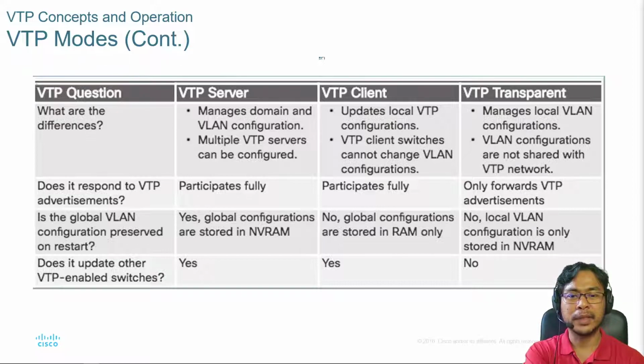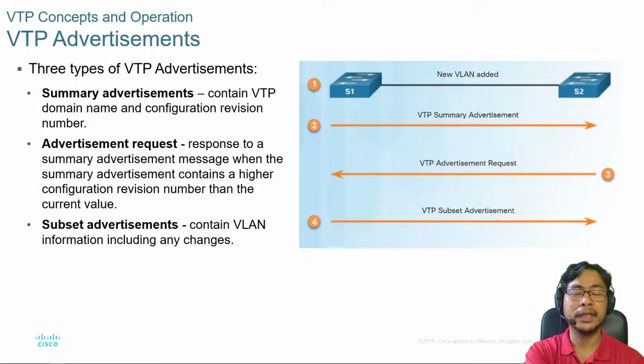Okay. The next slide is the advertisements. What are those advertisements? One is the summary advertisement. It already shows there in the slide that it's basically the main name and configurations. It doesn't have the VLAN information yet coming from the server.